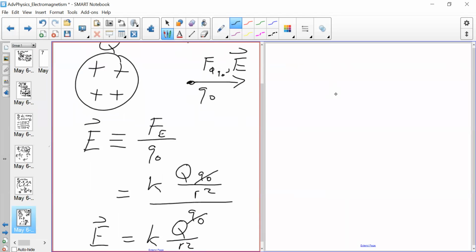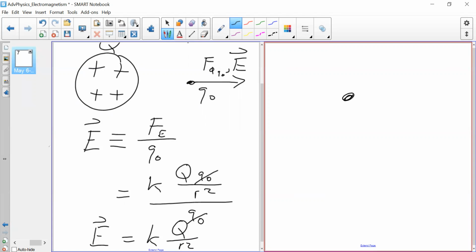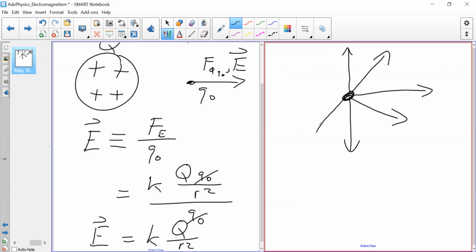So I have a random charge here. And the electric field, we're going to summarize some other points about it. It's perpendicular from the charge, goes to any point in space. Let's assume that's perpendicular. I can find electric fields at all of these places from this central charge here.